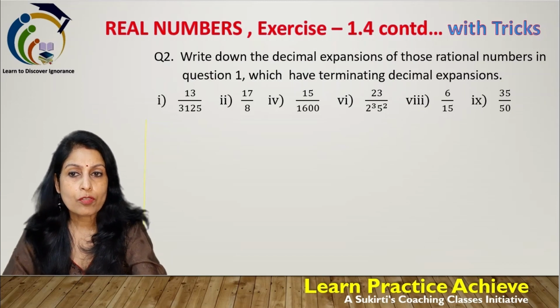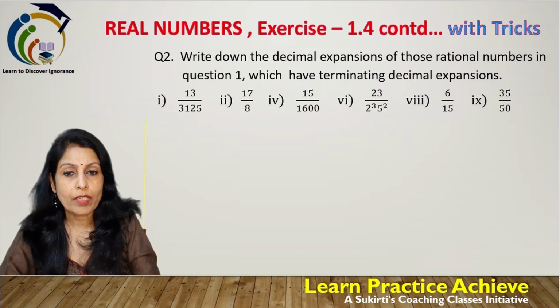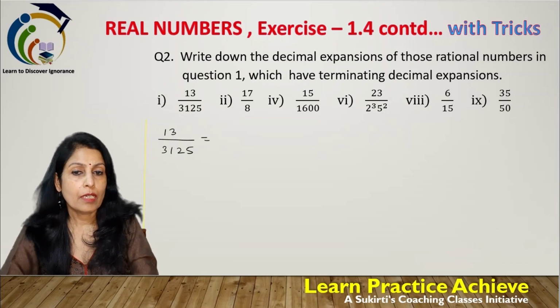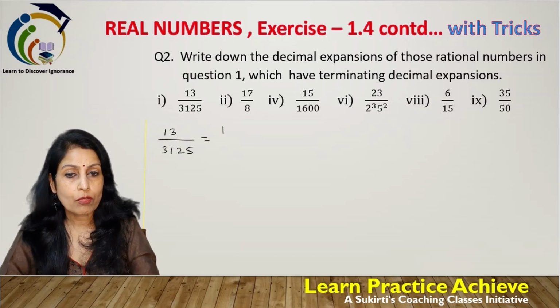Okay. So the first question, that is 13 upon 3125. We will solve this one first. So an easy trick is used here to find the decimal expansion of 13 upon 3125.